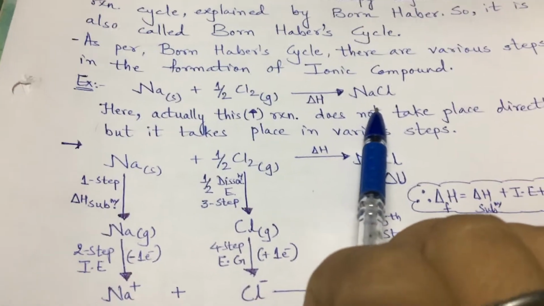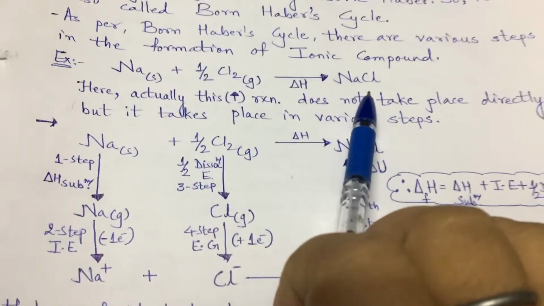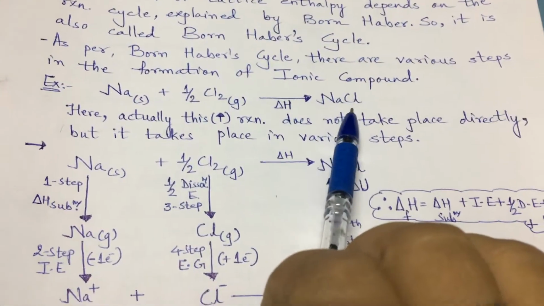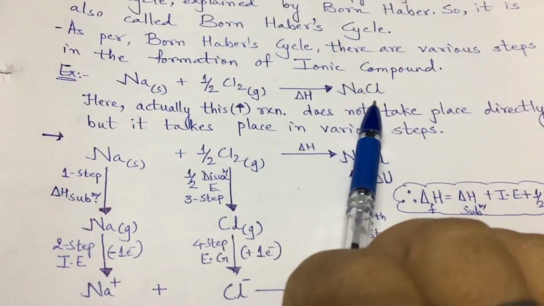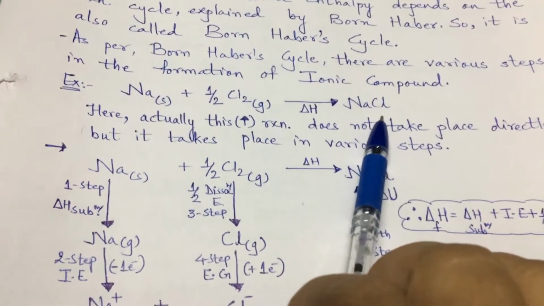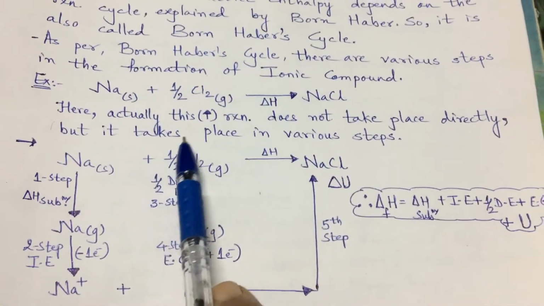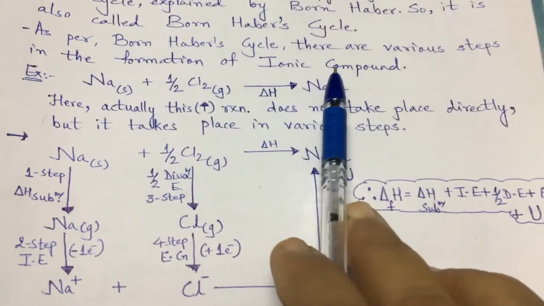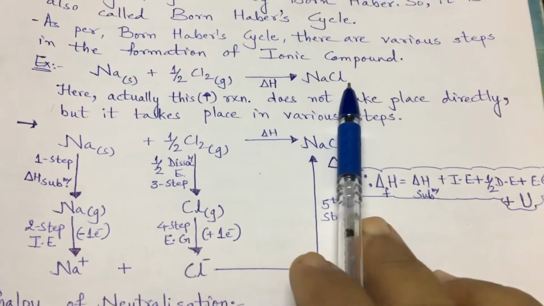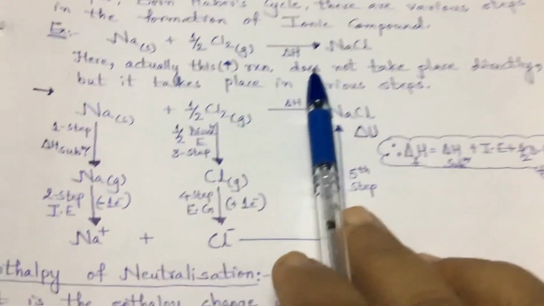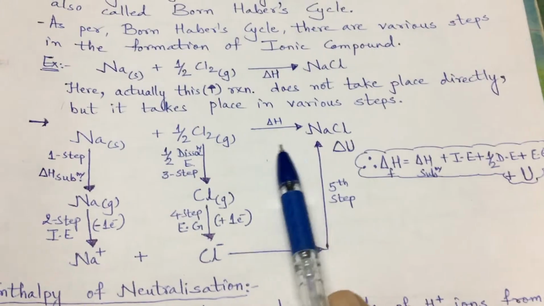But it consists of different steps. This was studied by Born-Haber, and he has given the cycle of the reactions, so it is termed as Born-Haber cycle. Here actually what happens is that this reaction does not take place directly in one step, but there are different steps, nearly 4 to 5 steps.